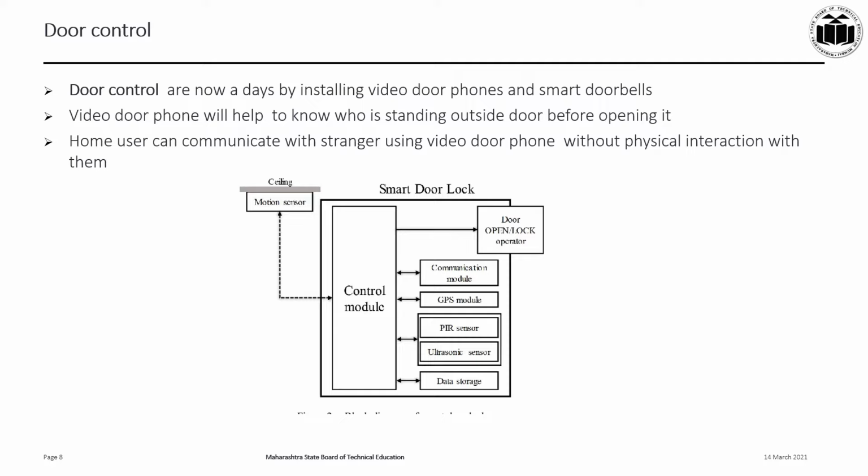With the help of video door phones, we can communicate with the person standing outside and come to know the reason for the visit, and then we can allow or deny entry to that person without interacting physically with them. So by making the door smart, we can add extra security to our home and keep our family safe from unseen dangers.